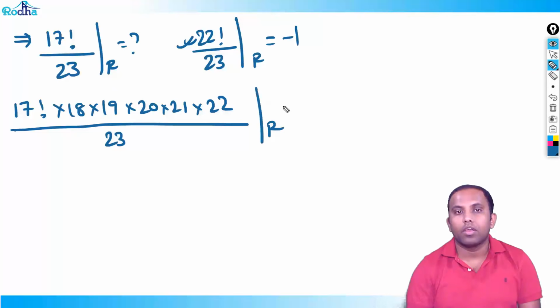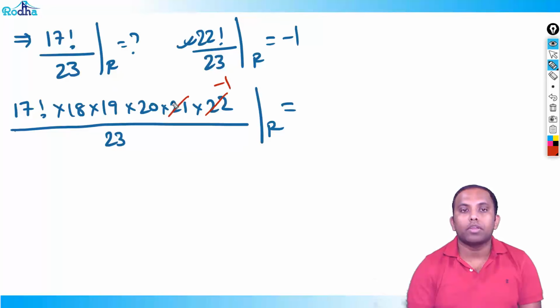Now 22 by 23, what is the remainder? Minus 1. 21 by 23, minus 2. 20 by 23, minus 3. Here minus 4, here minus 5.